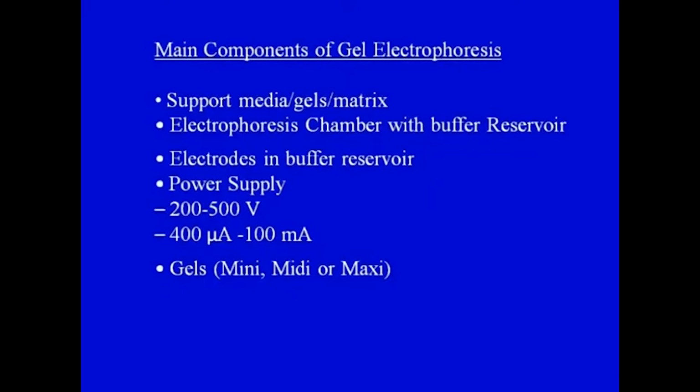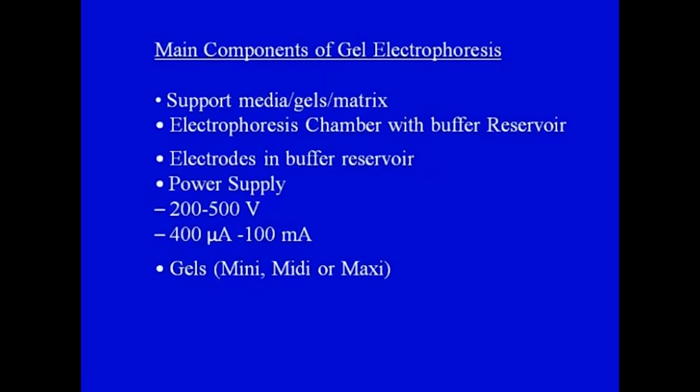Then, with this support material, you require an electrophoretic apparatus or chamber with buffer reservoir. We will show you that in a little while. Then electrodes in the buffer reservoir, that is positive and negative electrodes. Then you require a power supply, which you can run on constant power, constant voltage, or even constant current.